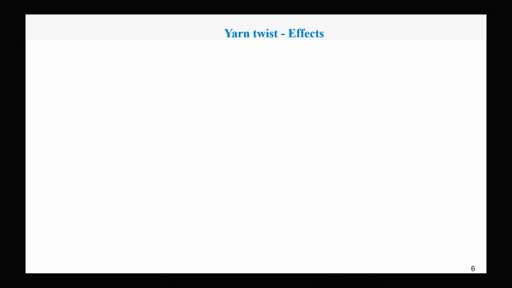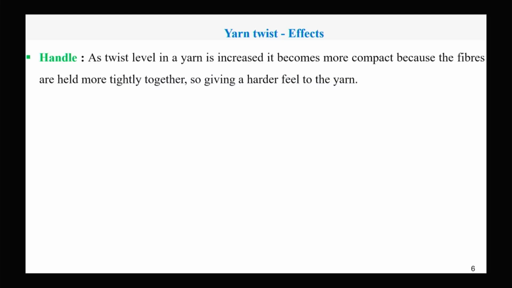The twist has a prominent effect on the characteristics of fabric, which is utilized in a larger way in every application. So let us see the handle of the fabric. I want a soft handle, soft fabric. So ideally for any yarn twist, one should opt for zero twisted yarn.